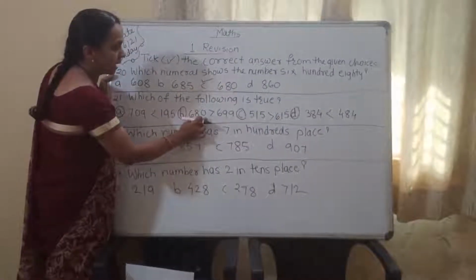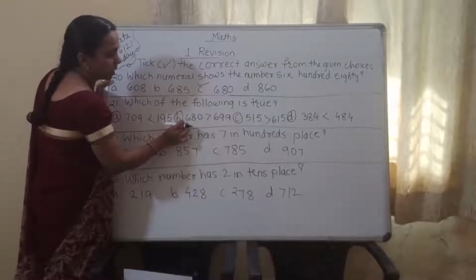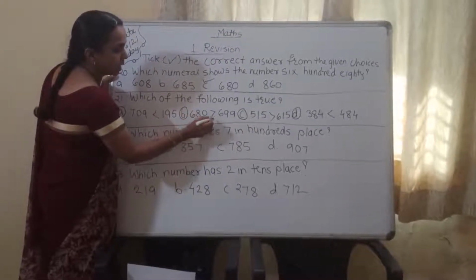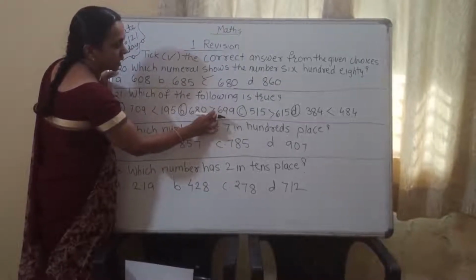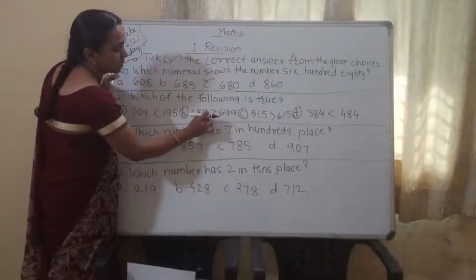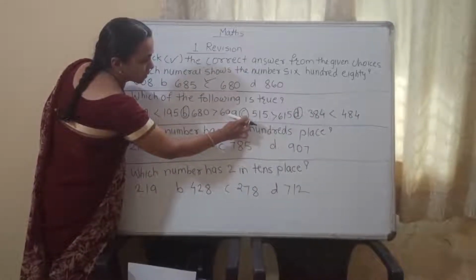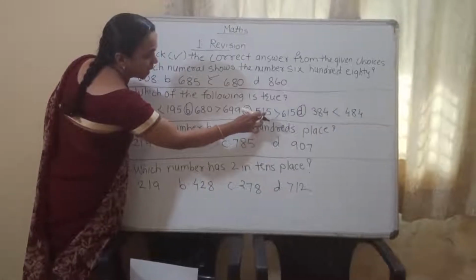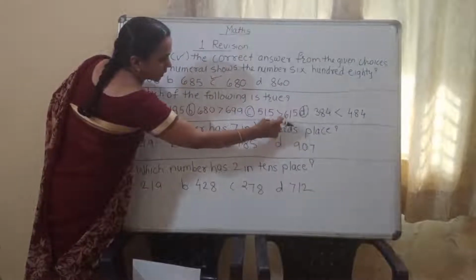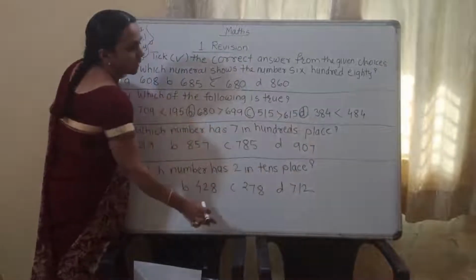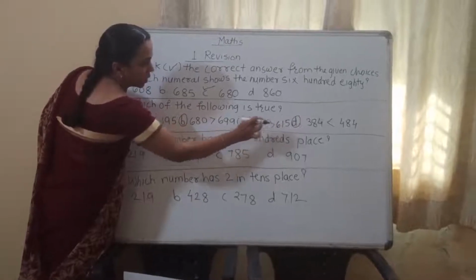Then 680, 699. Among these two numbers, which number is bigger? 699. So this sign should be on this side, so this is also wrong. Then C option is 515 greater than 615. Among these two numbers, which is greater? 615. So this is also a wrong answer.